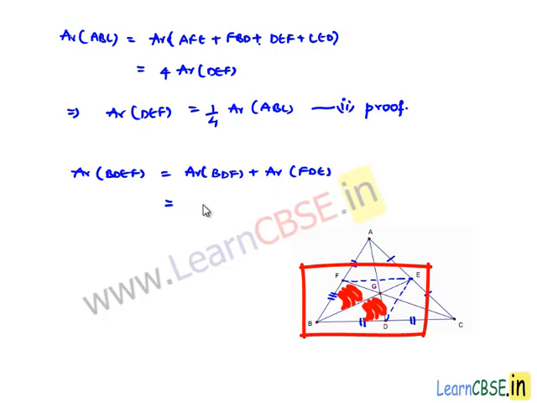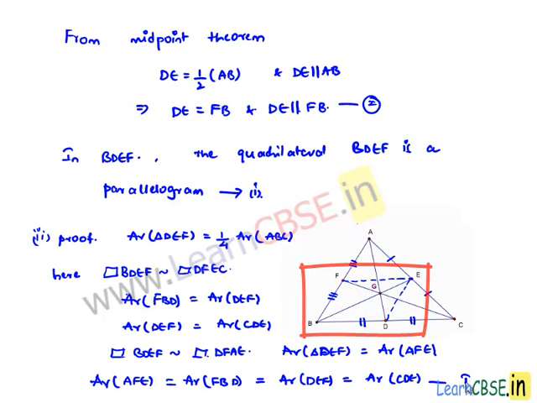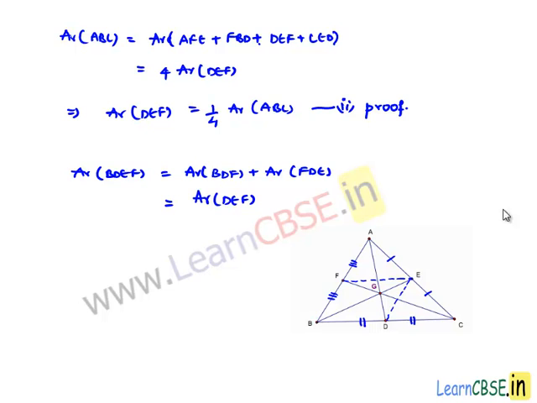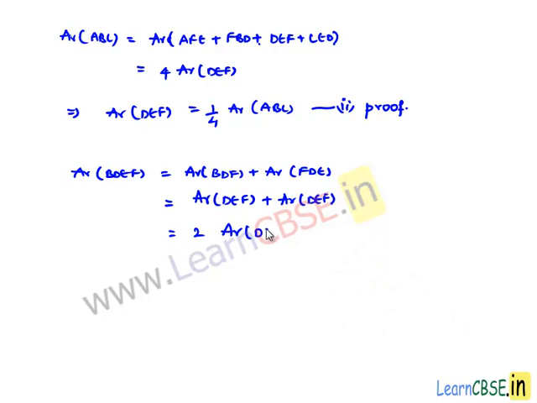We can replace the area of triangle BDF by the area of triangle DEF, from equation number 1, plus the area of FDE, which can also be replaced by the area of DEF, that is equal to 2 times the area of DEF.